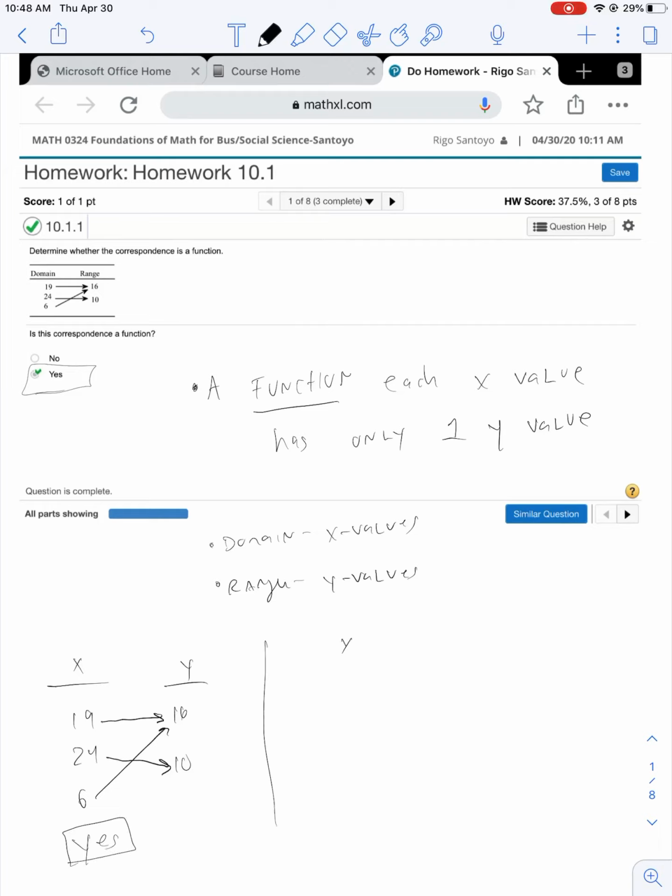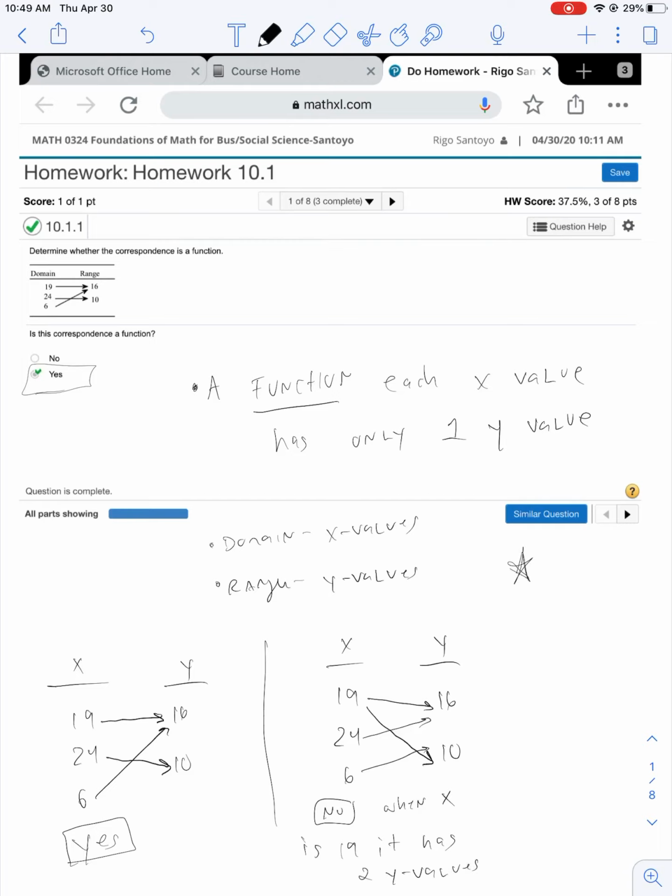An example where it would not be a function could maybe be something, let's say 19, 24, and 6. We still have these again. How about if this 19 went to 16 and also went to 10, and then 24 went here, and we can even say 6 went there. This would be no, because when x is 19, it has two y values.